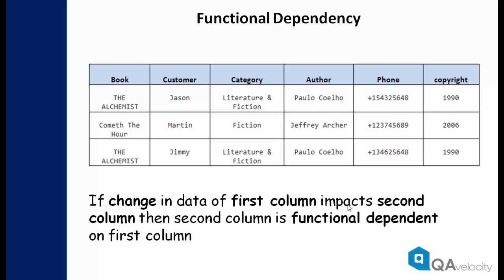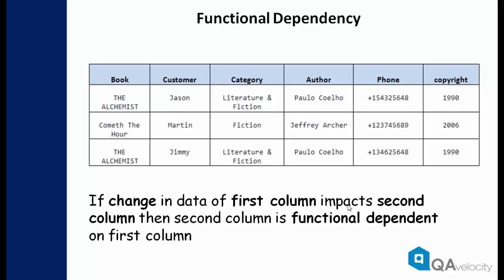If I change the book name The Alchemist, it will change the category of the book. It will even change the author and copyright. And once the author changes, the phone number will also change. It means columns author, category, copyright are dependent on the books column. In SQL, we call it functional dependency.